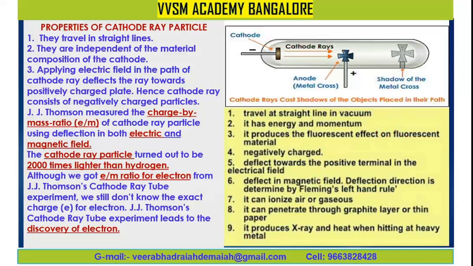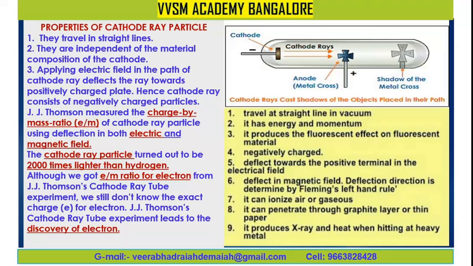Properties of cathode rays. My dear friends, from a series of experiments conducted by Sir J.J. Thomson, he concluded that cathode rays travel in a straight line in vacuum. They have energy and momentum. They produce a fluorescent effect on fluorescent material. Fluorescence is nothing but the scattering of light.